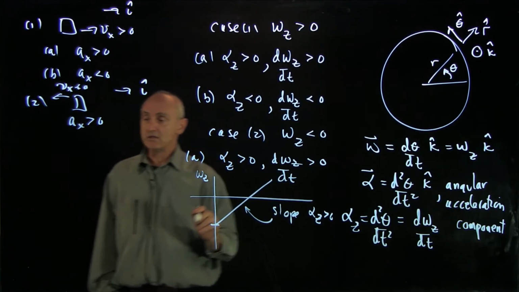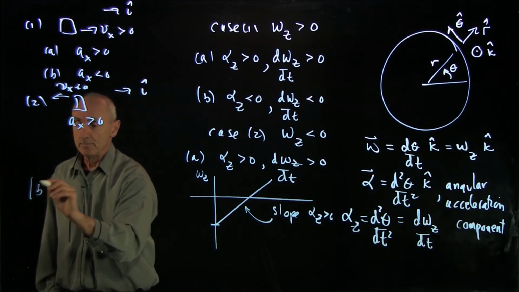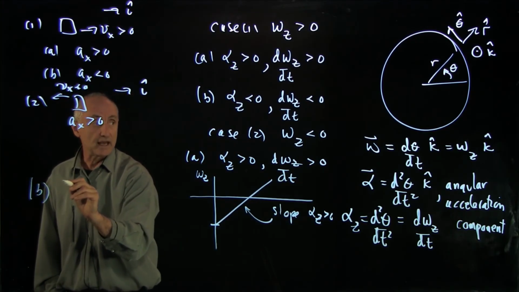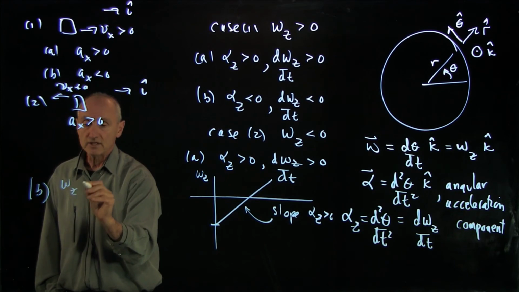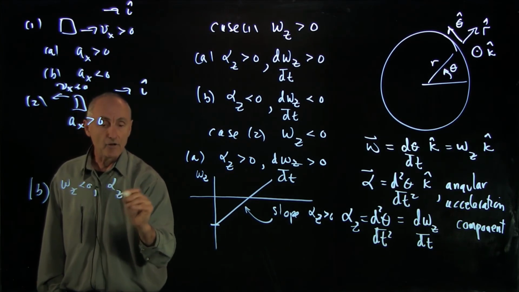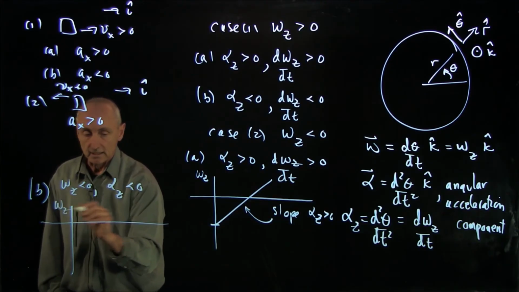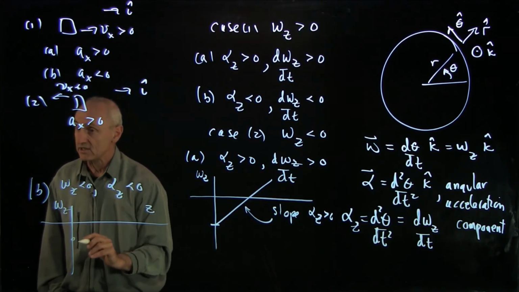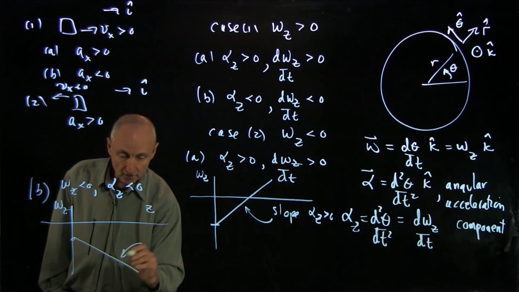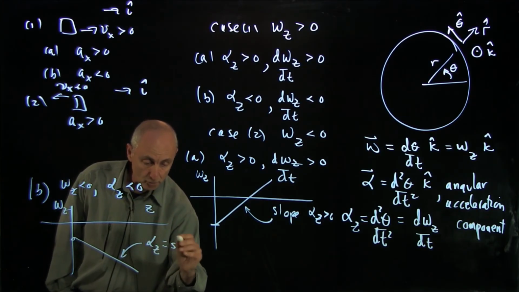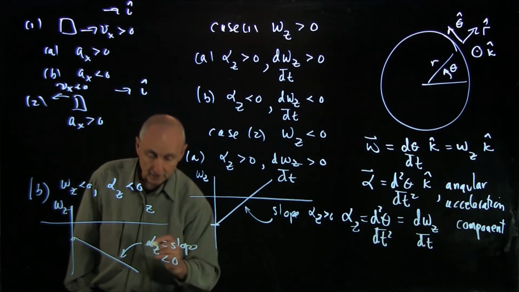Now, our final case, and I'll put it down here, B, is again where omega z is negative and alpha z is negative. It's always helpful to see this immediately with the graph. Omega z is negative. Here, alpha z, which is the slope, is also negative.